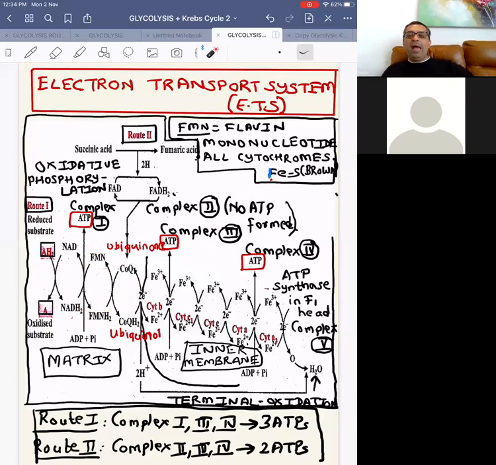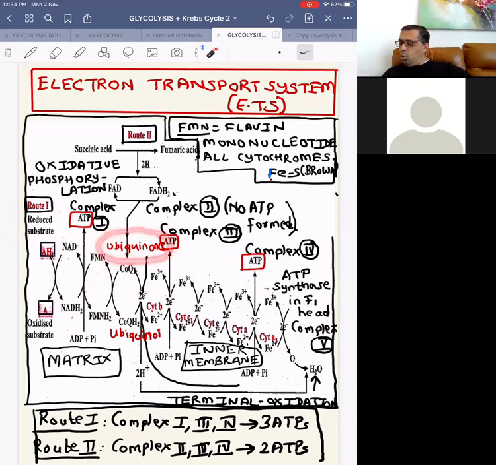And this FMN is now formed, and the two hydrogens are accepted by coenzyme Q, and coenzyme Q on accepting the hydrogen gets reduced to become coenzyme QH2. Coenzyme Q is also called ubiquinone.